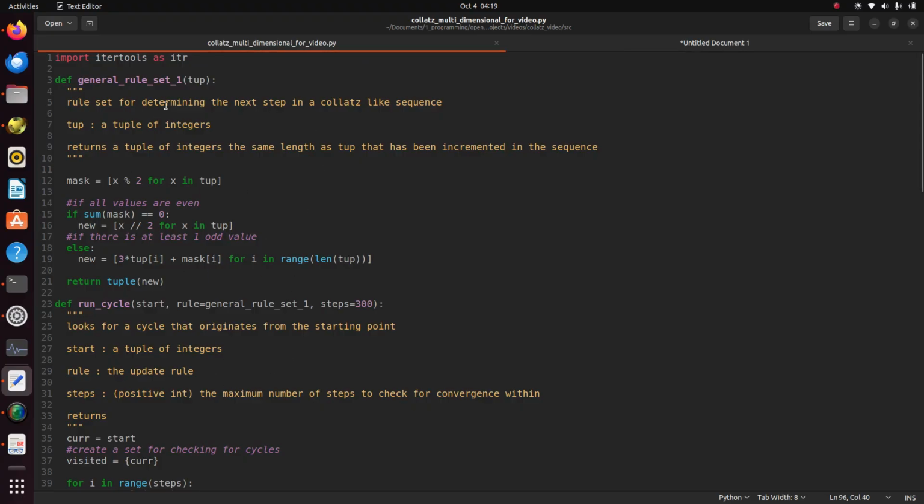So essentially it takes a tuple of an arbitrary length.